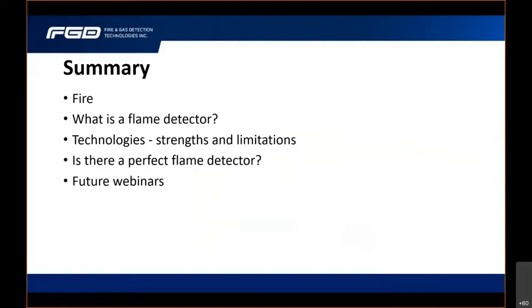I hope that you're able to now recognize that a flame detector is a product that is looking for a fire that should not normally be present. It is not looking for a controlled fire. And right towards the end, we've, I think, firmly answered the question: is there a perfect flame detector? And there clearly isn't, which is why all manufacturers have a broad range of products that match the technology with the fire that you're actually trying to detect itself.